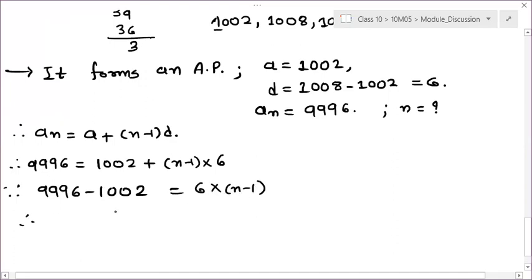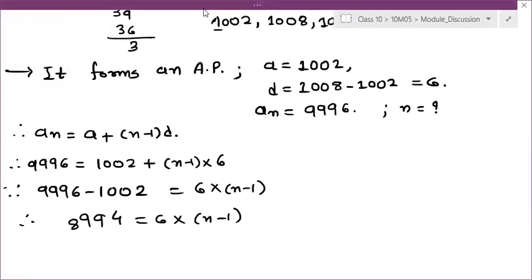Now 6 minus 2 is 4, 9 minus 0 is 9, 9 minus 0 is 9, 9 minus 1 is 8. So 8994 equals 6 into n minus 1. Now we need to find n, right?